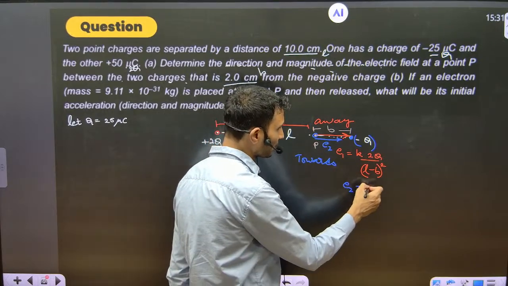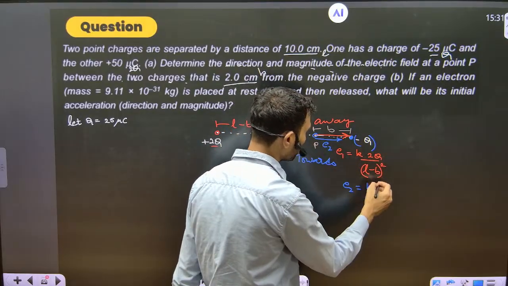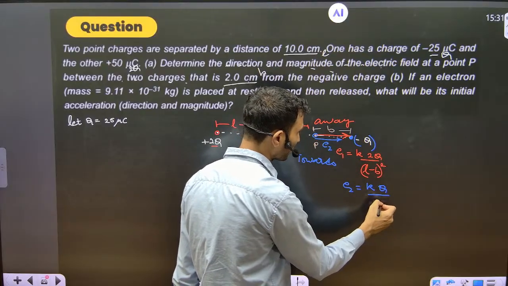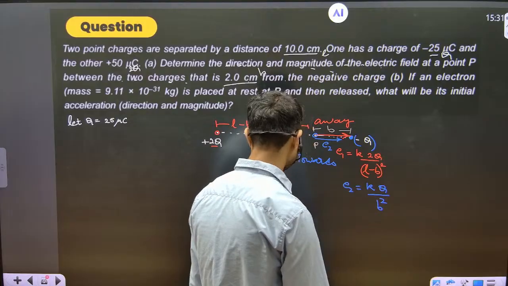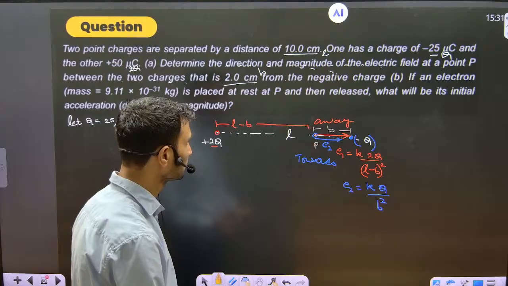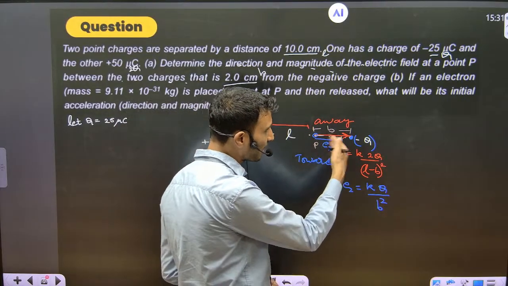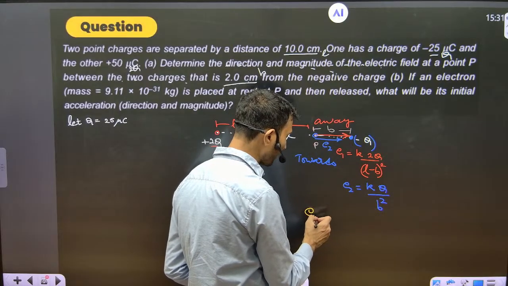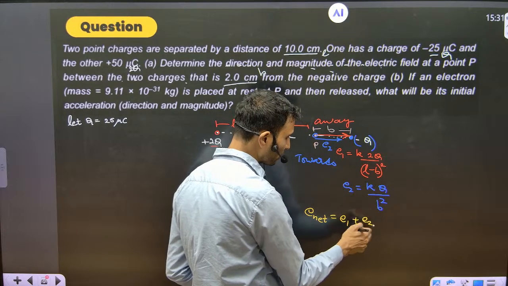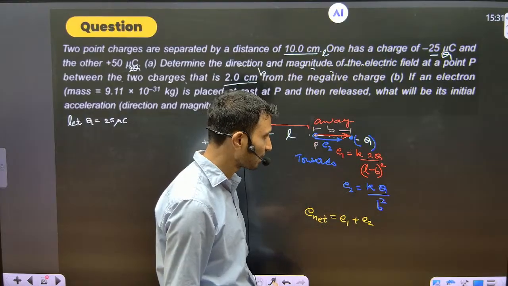E2 will be K, due to the blue charge, magnitude is KQ by R square, in this case B square. Both are in the same direction, guys. So will they get added up or subtracted? Added up. So net electric field will be E1 plus E2. Just add them, you'll get the answer. Everything is given.